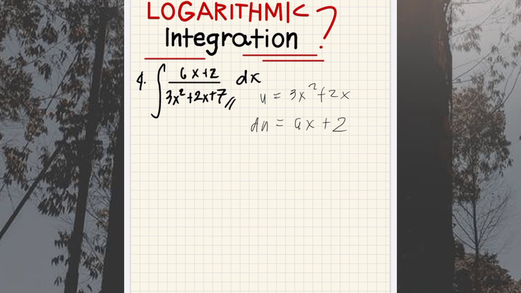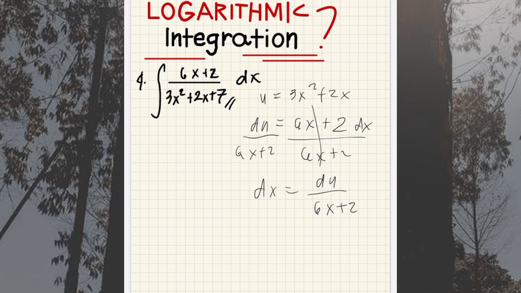The numerator is exactly the derivative of the denominator. So du is 6x plus 2 dx. Divide both sides by 6x plus 2, this will be cancelled out. So dx is equal to du over 6x plus 2.